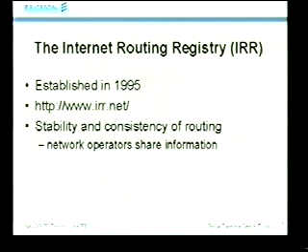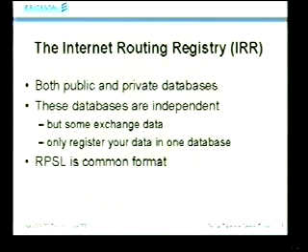The idea is that network operators share information. Okay? What you find is that the various public databases like the RADB, RIPE and others will exchange data in this routing registry. In this Internet Routing Registry you have both public and private databases.